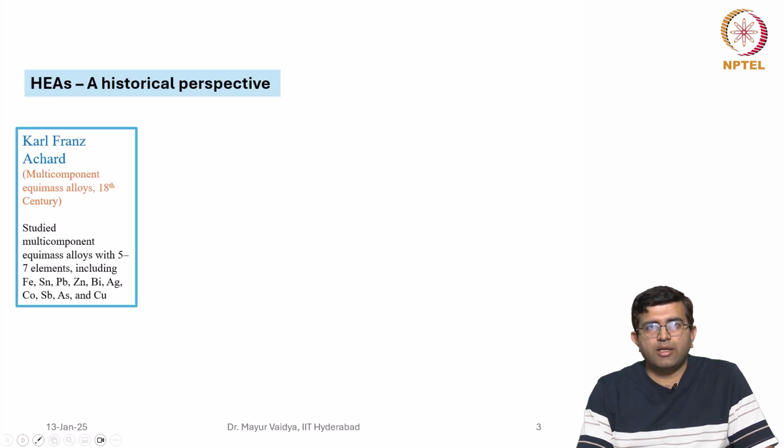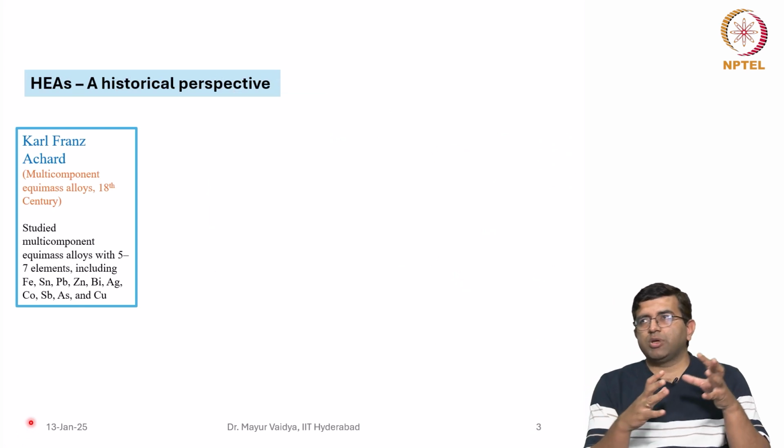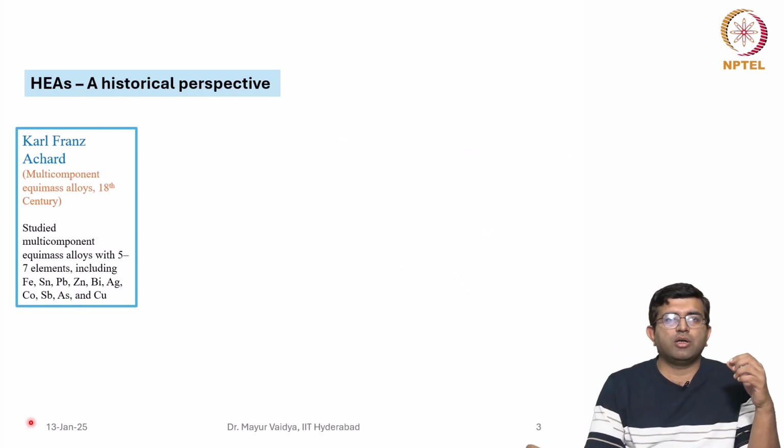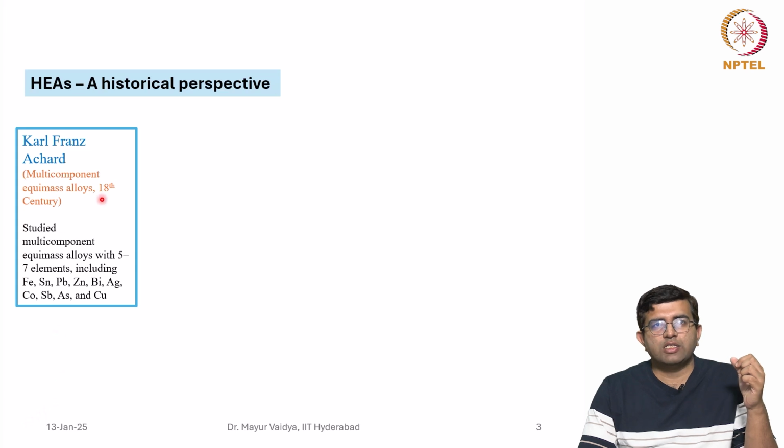Now, as I said, the major research on high entropy alloys has been carried out in the last 20 years, but long back, in the 18th century, the French scientist Franz Karl Achard studied multi-component equimass alloys with 7 elements.